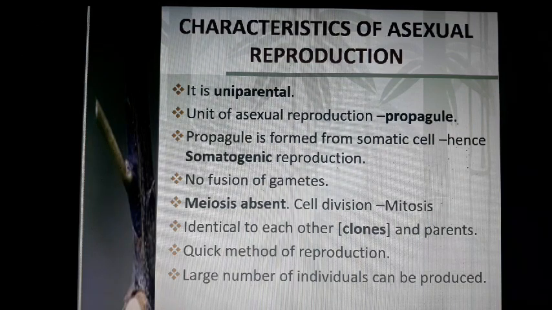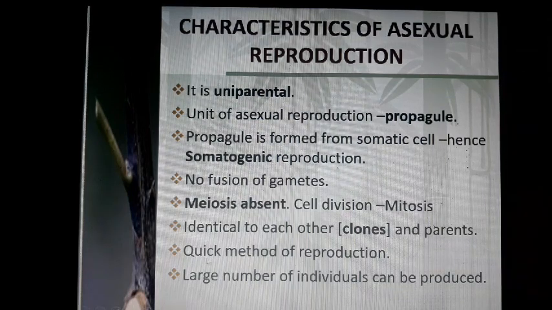Here, in asexual reproduction, newly formed organisms are identical to each other as well as parents, whereas in sexual reproduction, the newly formed organisms are different from each other as well as they are different from their parents. Only identical twins have genetic similarity, otherwise no two individuals which are formed by sexual reproduction are identical.